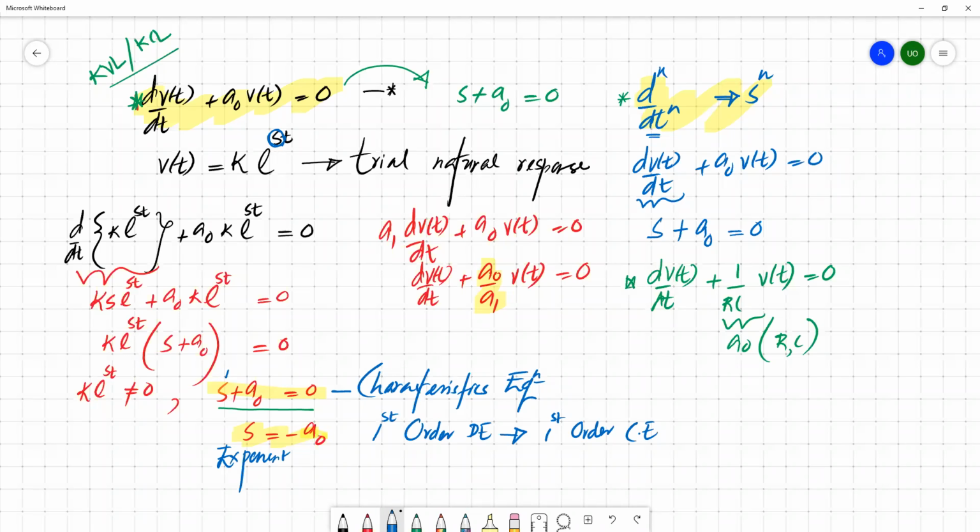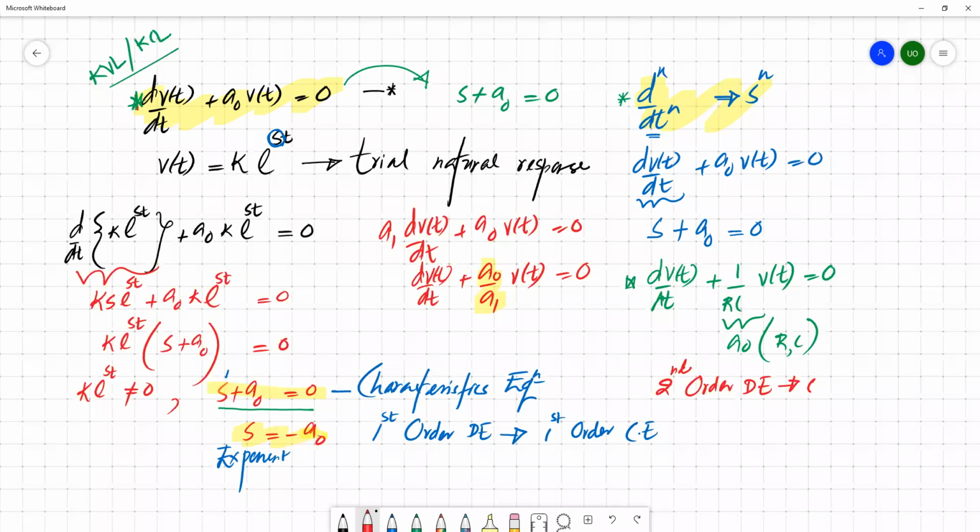Once you solve this characteristic form, you end up with the value of s. For example, if it is a second order differential circuit, according to our concept, this should end up with a quadratic form.